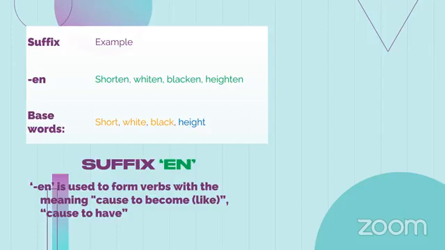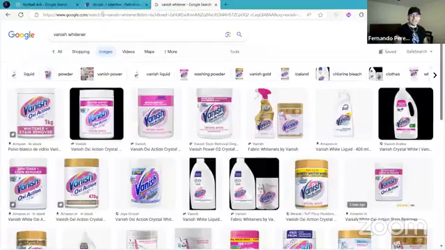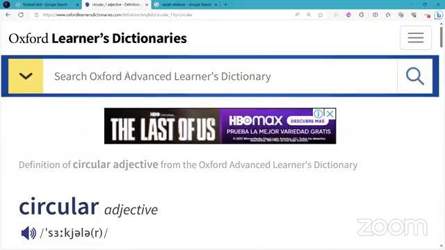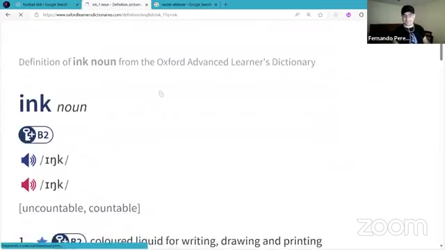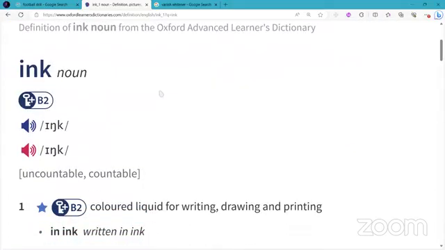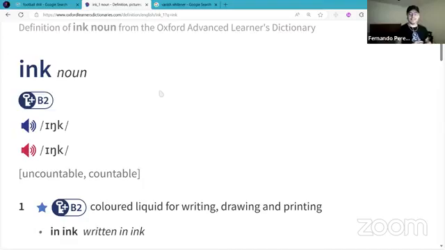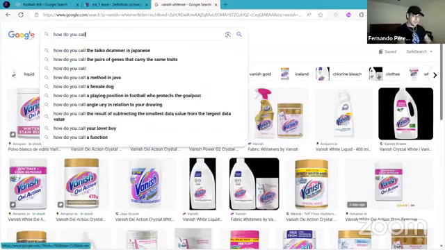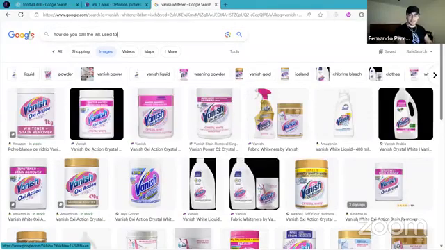You blacken your t-shirts weekly with a special tintura. Ink. That's ink, or let me check how you call the ink used to blacken clothes.